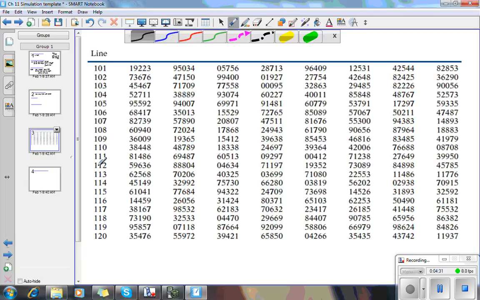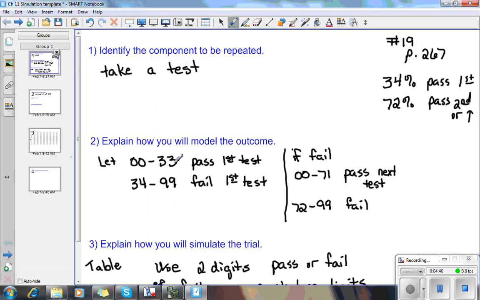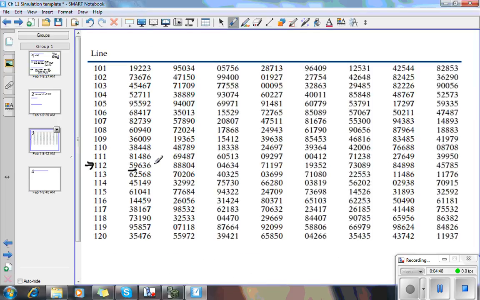I'm going to start at row 112. Okay, so this person failed the first test, because it was higher than 33, so they failed. So they had to take the second test.